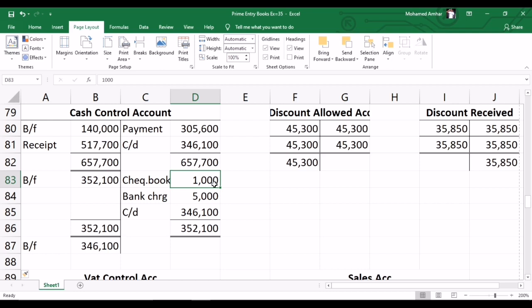That's why I have recorded that checkbook entry and bank charge entry later, right?